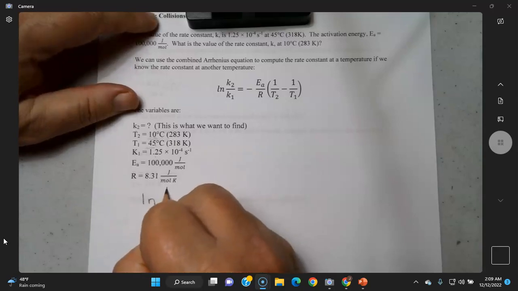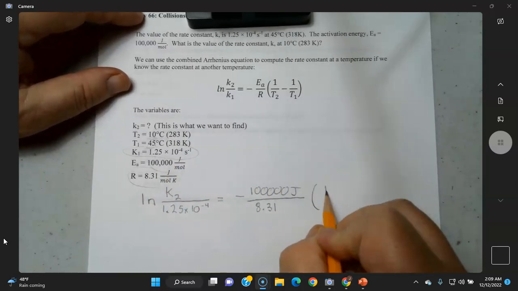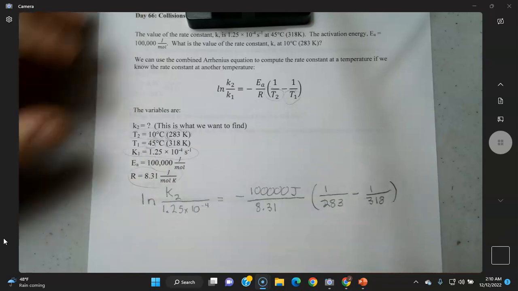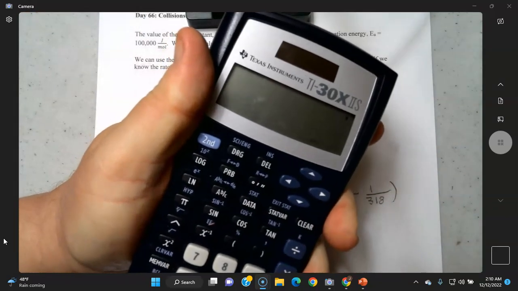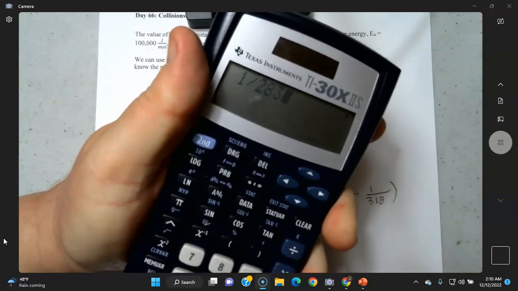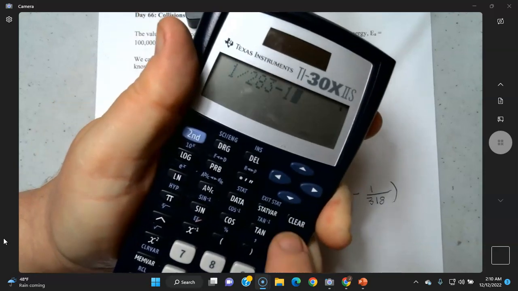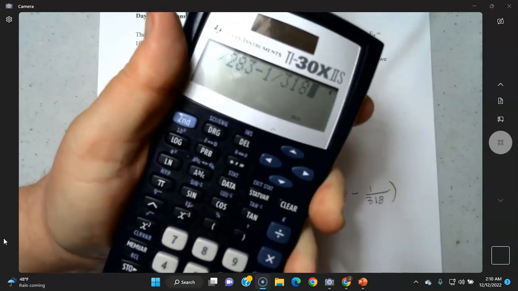I'm going to do this quietly. So again, I'm going to do this calculation first, and I'll show it to you. 1 divided by 283 minus 1 divided by 318, because it's going to do that division first.